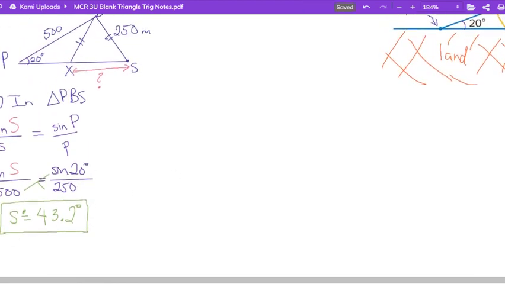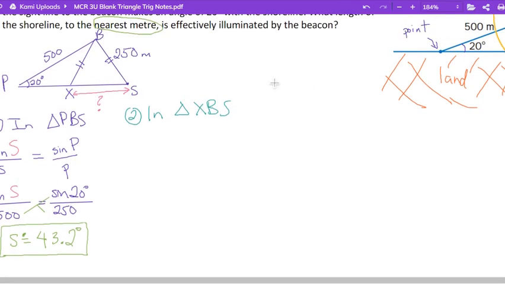Now we move over to the smaller triangle. In triangle XBS, if I want, I can redraw it.